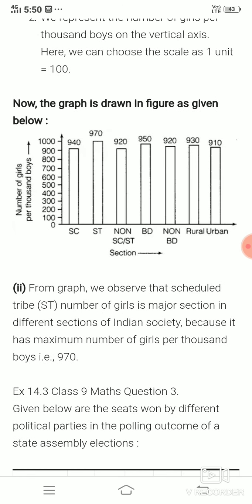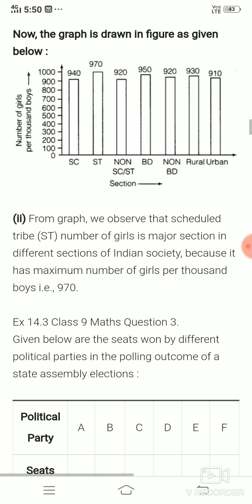From this graph we observe that ST is the major section in Indian society in number of girls, because it has the maximum number of girls per thousand boys, 970.